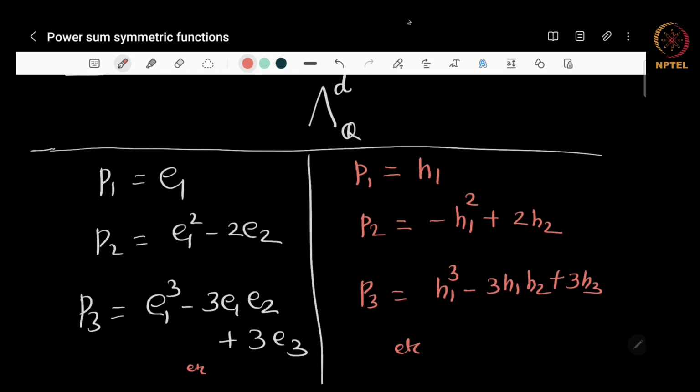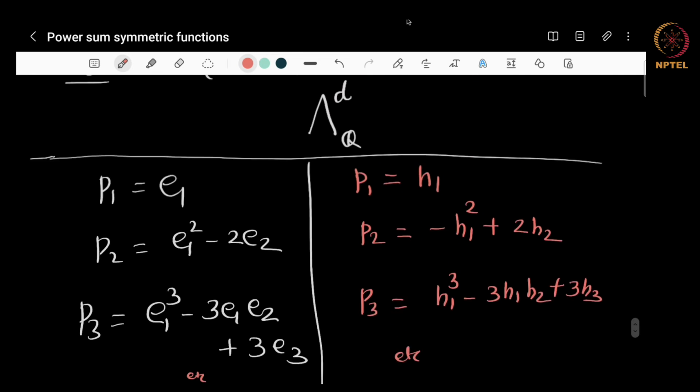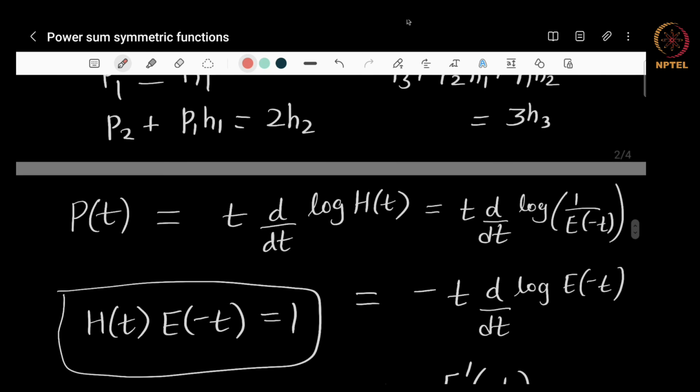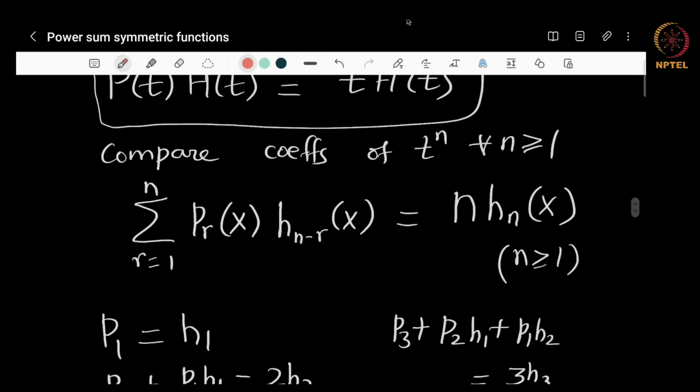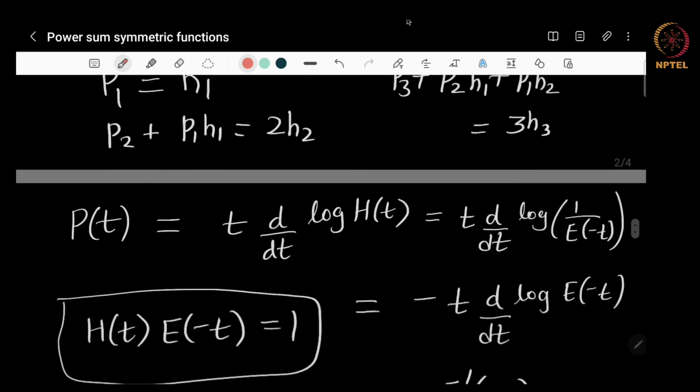Now, if you go back and see what the general equations look like, they both differ by a minus sign. So let's just scroll up and look at what those equations look like. Here's the equation for a general n: the sum of H_{n-r} P_r equals n H_n. So I have H on this side and n H_n on this side. Let's skip to the case of the E's and look at what that becomes.